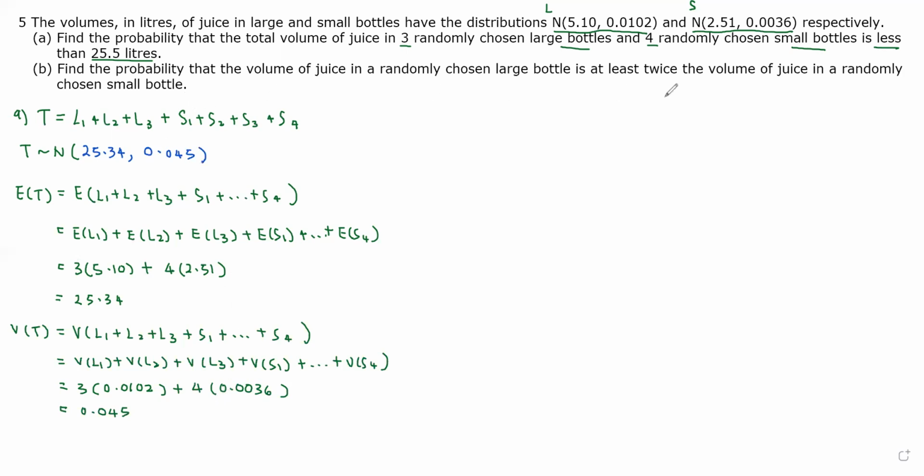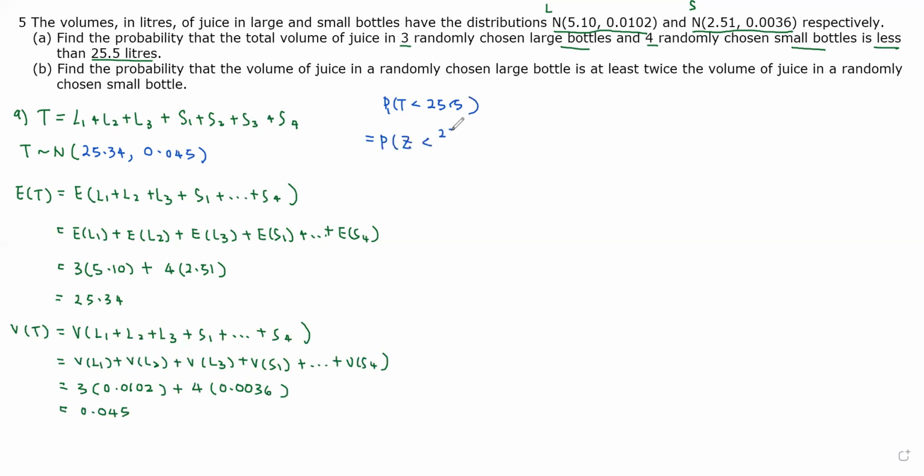We want to find the probability that T is less than 25.5. This is what we need to find. T is a normal distribution. We need to standardize, using the Z-score formula.